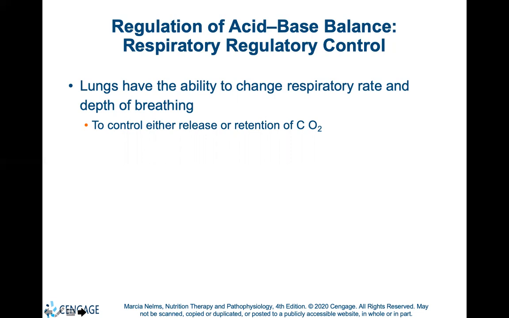Changes in pH, specifically the level of carbon dioxide, are detected in cerebrospinal fluid by the respiratory center in the brain. For example, when acidosis occurs and the buffer system is not adequate to control the acidosis, respiratory rate and depth will increase, causing hyperventilation. This allows larger amounts of carbon dioxide to be expired.